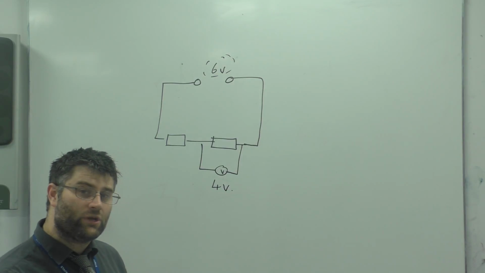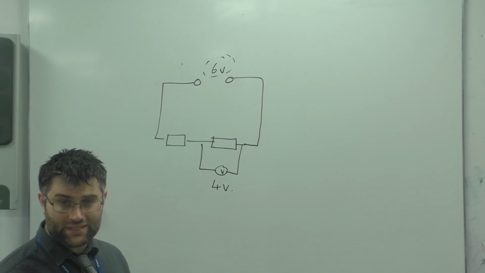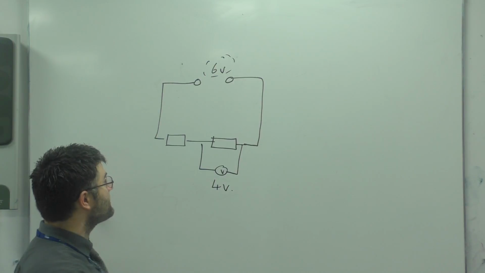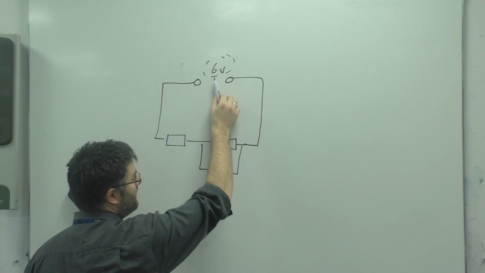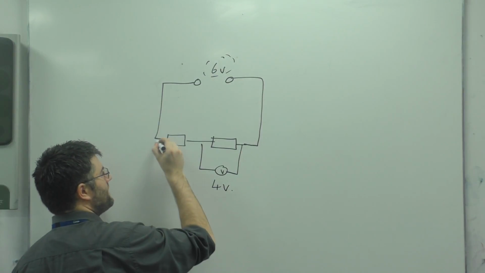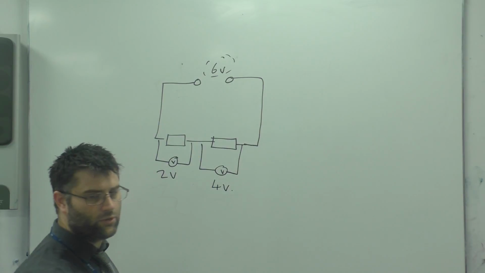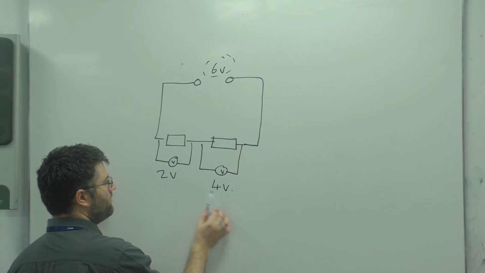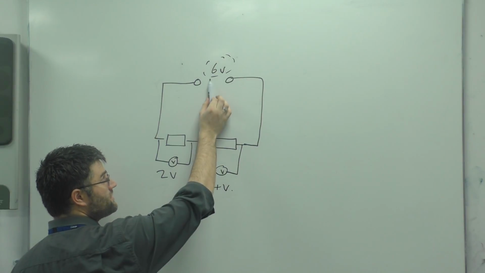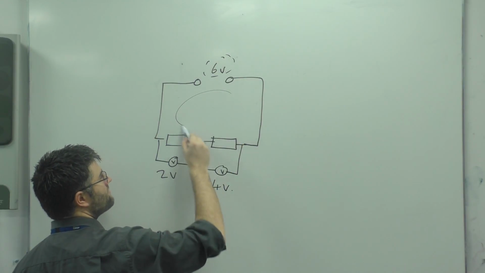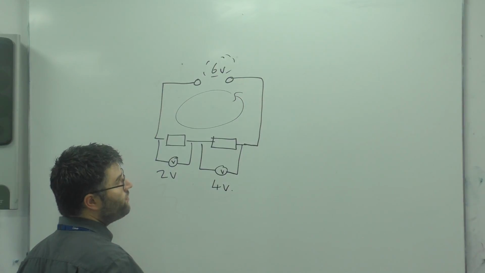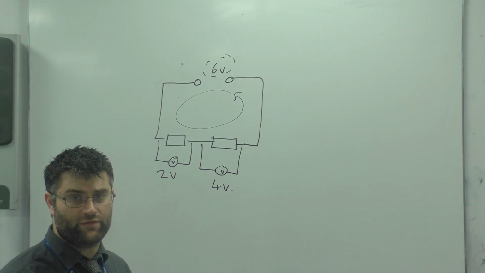So what am I not getting out so far? I'm putting 6 volts in, I'm getting out 4, so there should be a voltage of 2 volts across that one. 2 and 4 are what I'm getting out, 6 is what I'm putting in, and so in that loop, we have conservation of energy.